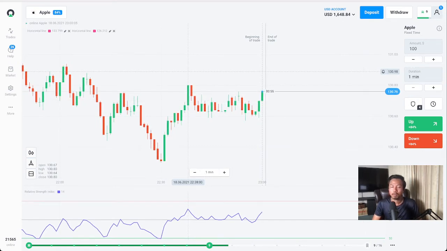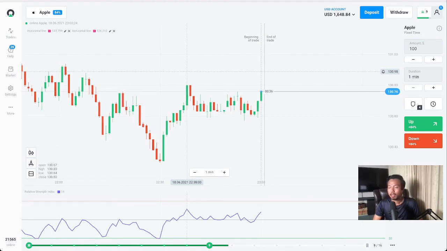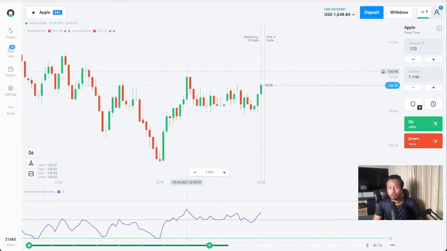So the first thing I want to tell you is you need to look at how the trend is going. If it is an uptrend, then you're going to buy. If it is a downtrend, then you are going to sell. That's pretty simple.